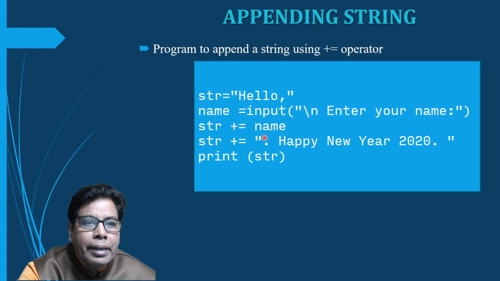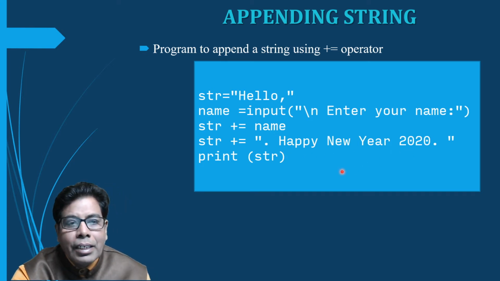So we are appending name with the string with the help of this plus equal to operator. Then again we append another string with the plus equal to operator. This time we take happy new year 2020. This is the string. So when we print the string, it will give us the hello, then whatever name we enter, and then happy new year.